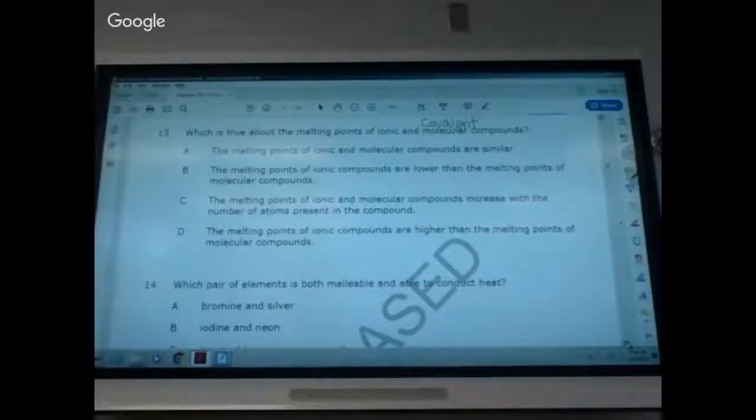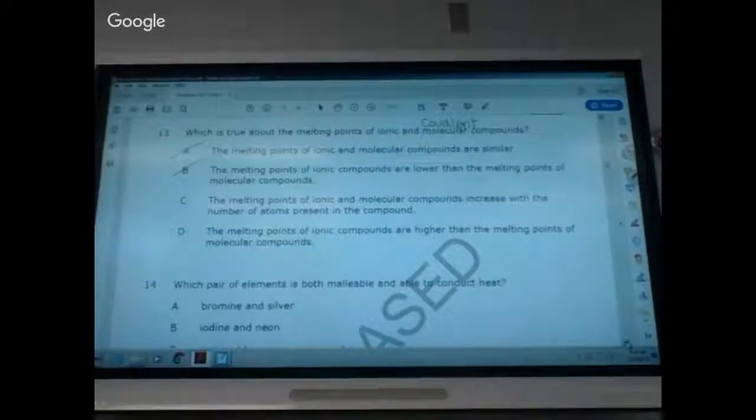All right. Melting points of ionic compounds are lower than the melting points of covalent. Who's lower? Covalent is lower. So B is out. Ionic is always going to be higher. Melting points of ionic and molecular compounds increase with the number of atoms present in the compound. People always tell me they like C because it sounds smart or scientific.